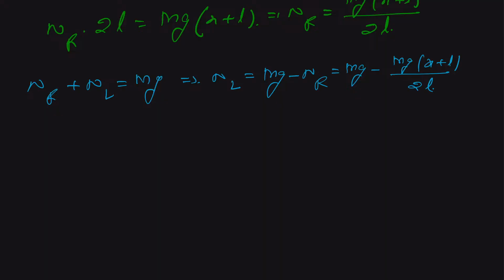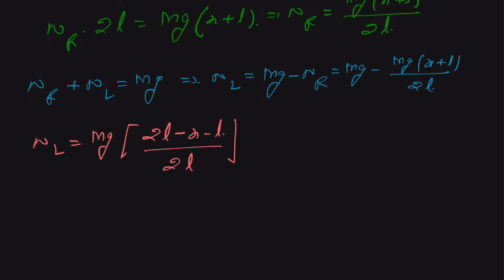So taking mg over 2L as common, with 2L as the LCM, this gives 2L minus x minus L, divided by 2L, which comes as mg upon 2L times (L minus x).